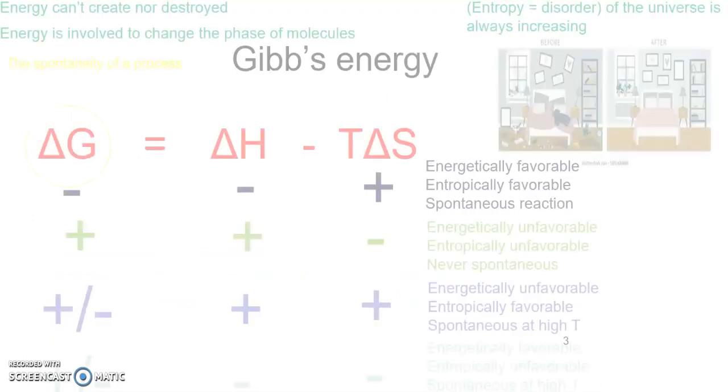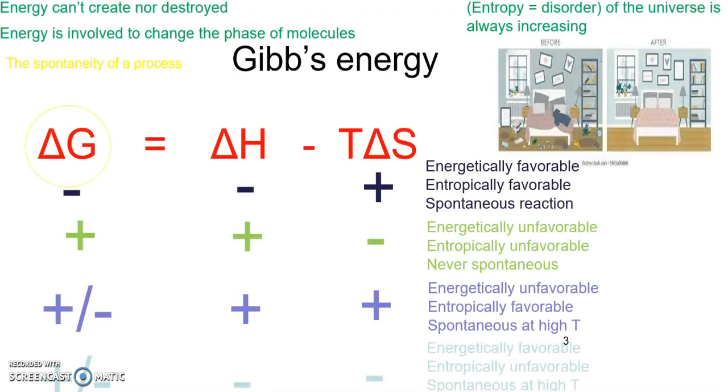So you can refer to my previous slide. You can refer to this and try to understand better about this Gibbs energy, because it is very important.